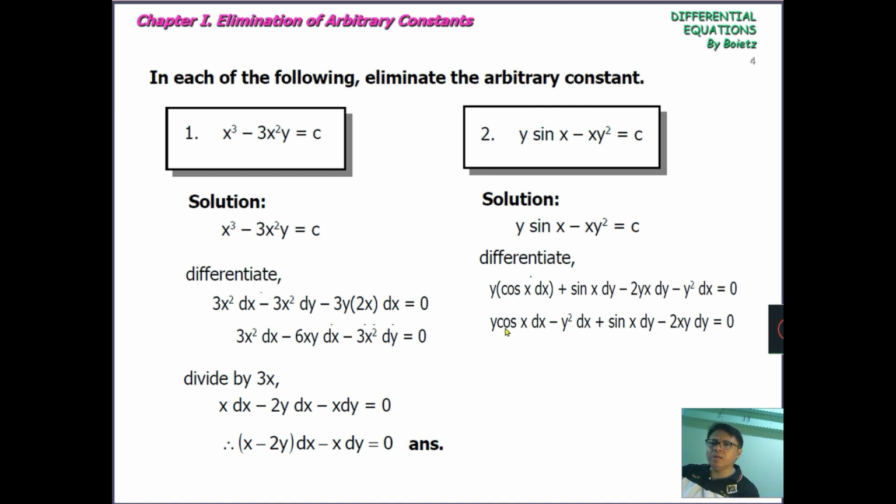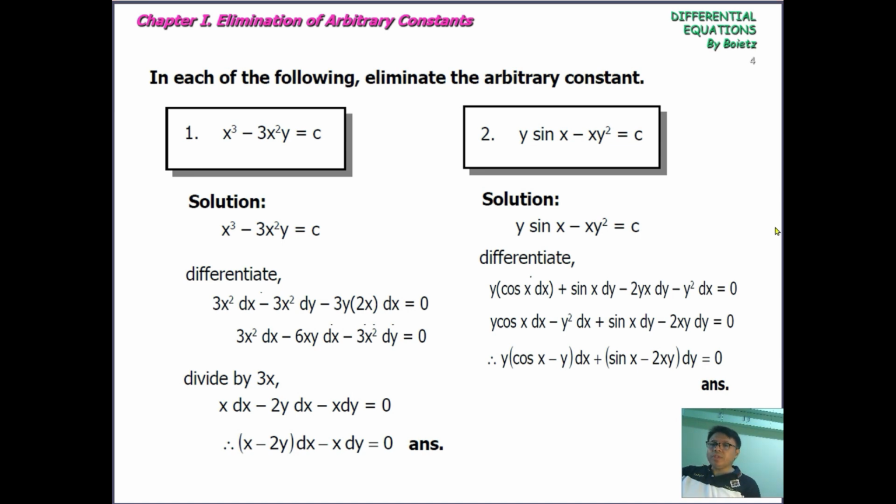Then I think we can factor out y dx. The remaining is cosine x, and here negative y. So, (cosine x minus y) y dx. And here, we can factor out dy only. So, (sine x minus 2xy) dy equals 0. And that is your final answer.